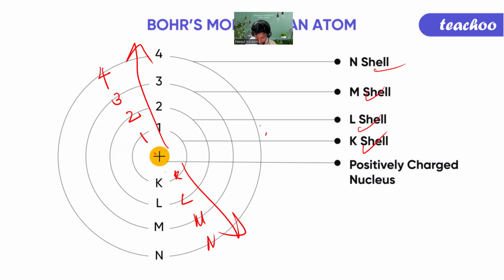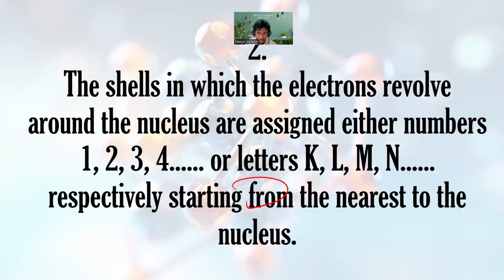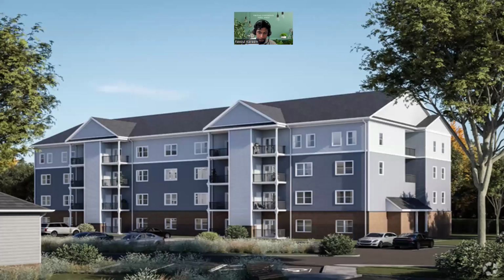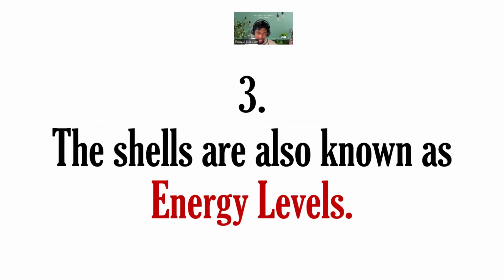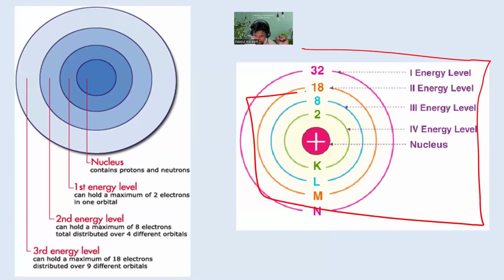Okay, right. And you know how to name, and you know what energy levels and shells are. They are called energy levels. So can you say whether this image is correct?